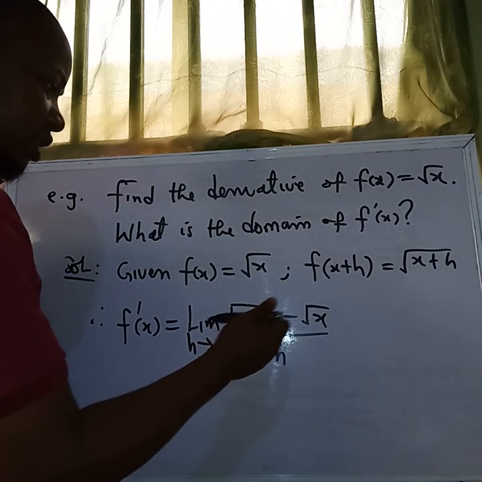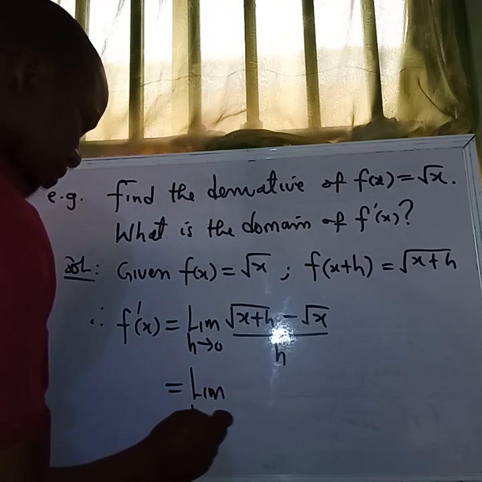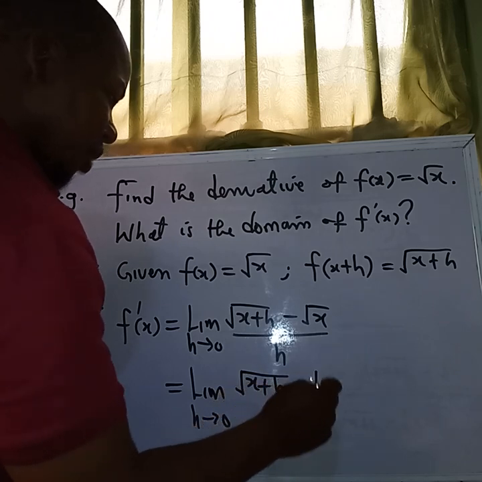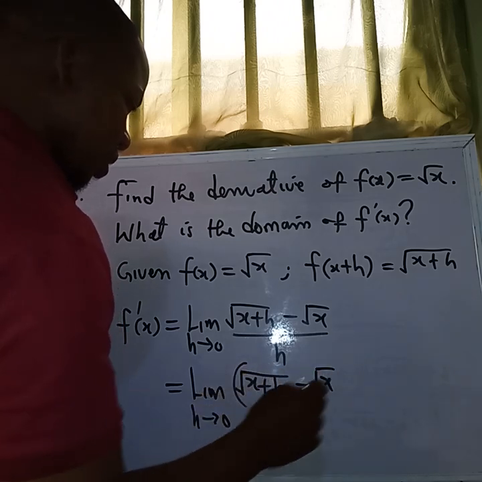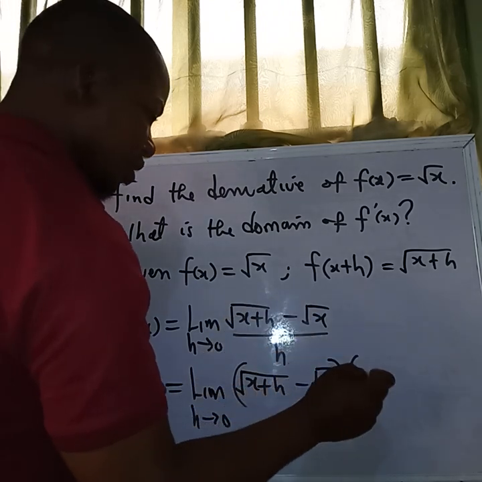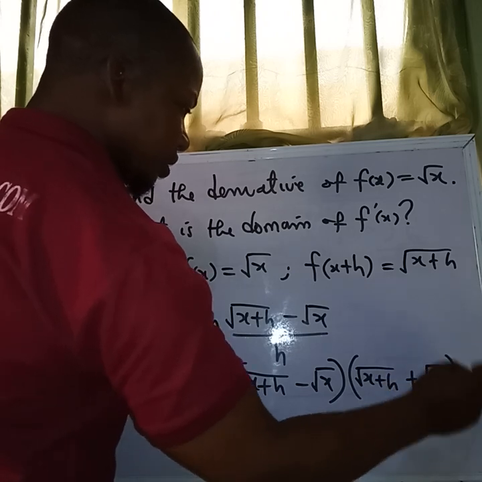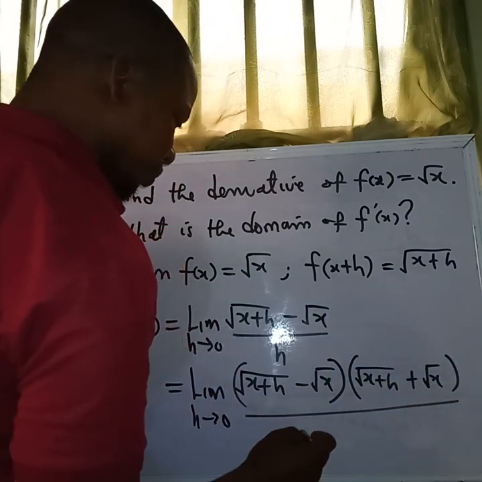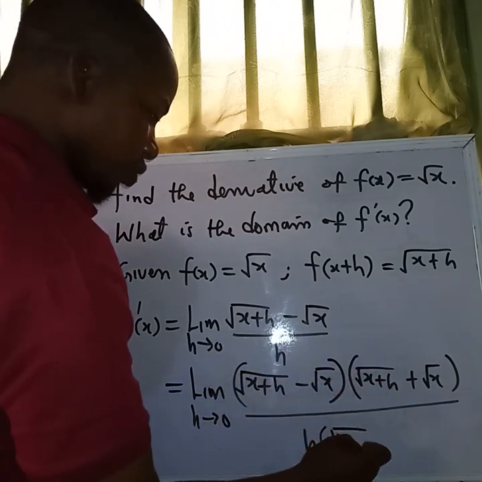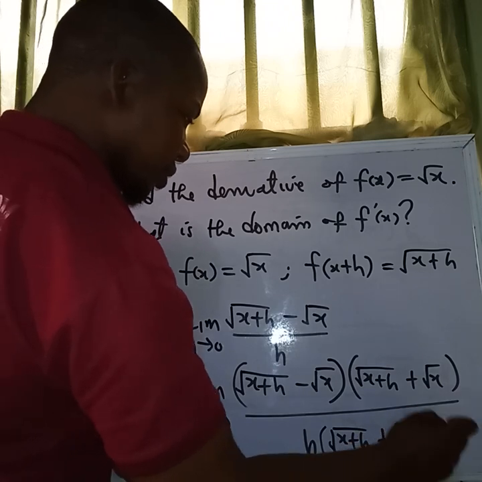We take the term square root of x plus h minus the square root of x and multiply it by the same term with the sign changed to positive, that is, the square root of x plus h plus the square root of x, everything divided by h, then multiplied by the square root of x plus h plus the square root of x.